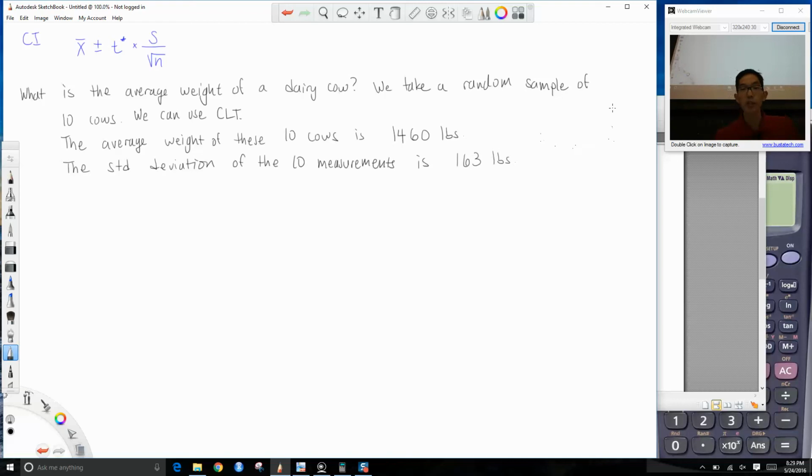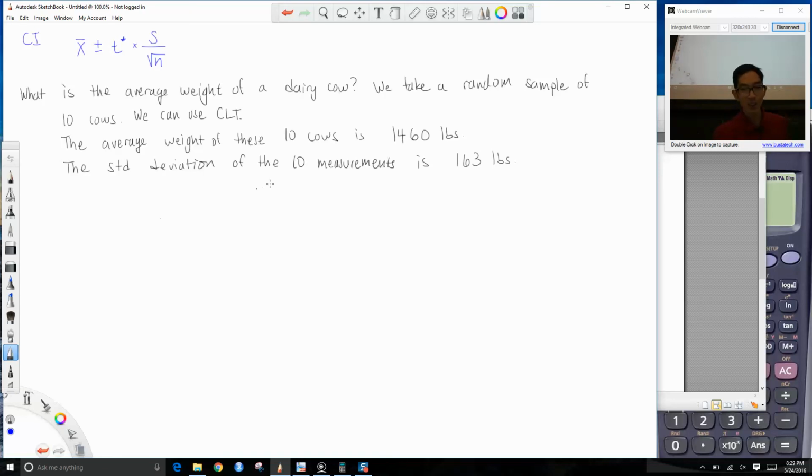So again, just pretend we've gathered 10 numbers here, and I've just taken the average of those 10 numbers and the standard deviation of those 10 numbers. So I would have 10 numbers, but I've already boiled it down to the mean and the standard deviation for you. So let's make a confidence interval here. Or actually, I'll just do it.